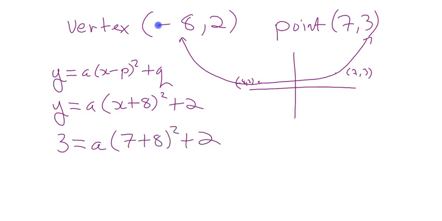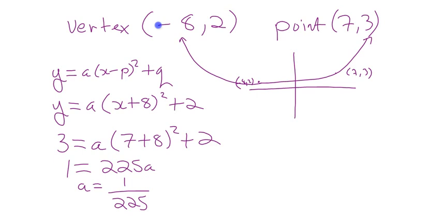Okay. Actually, it didn't come out to too bad a number, right? So what do we got? 1 is equal to 225a. So what's a? 1 over 225. Actually, fluked into a pretty decent number there, right? I didn't know. So, it came out to a nice number. And we would just leave that as 1 over 225. That's exact.